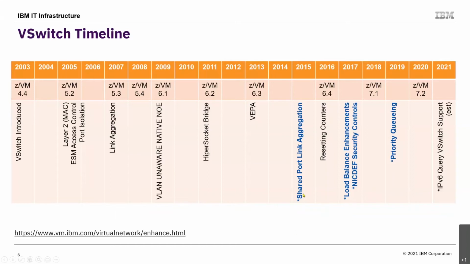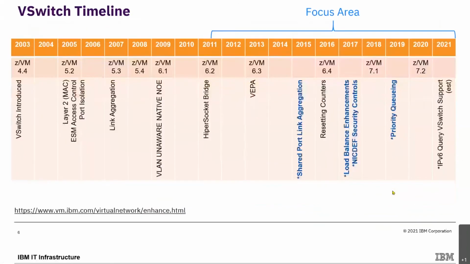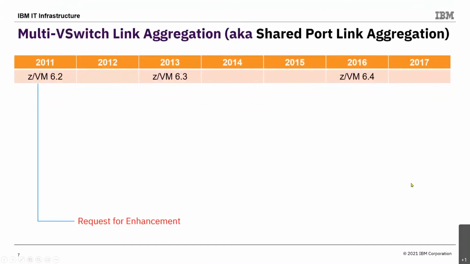And so if we look at that history of how things changed, part of what we would like to do is focus on some of that and how that came about. As Phil mentioned, back in 2011 is when this request had come in. So link aggregation was out there, but not in this style where the OSAs could be shared across LPARs inside one CPC.